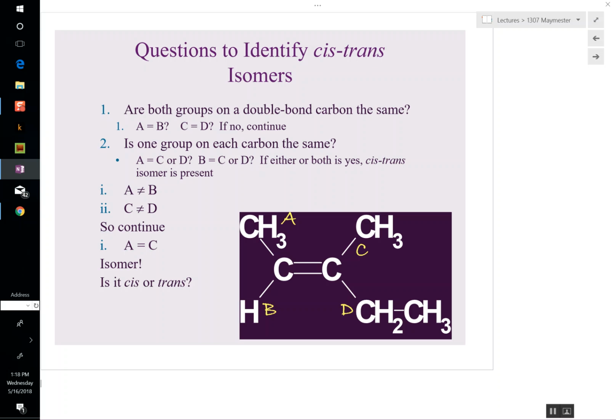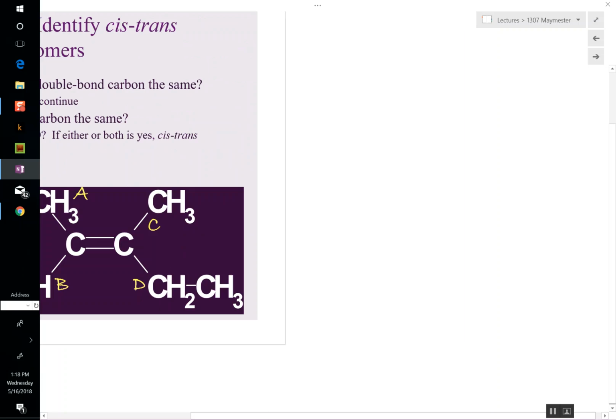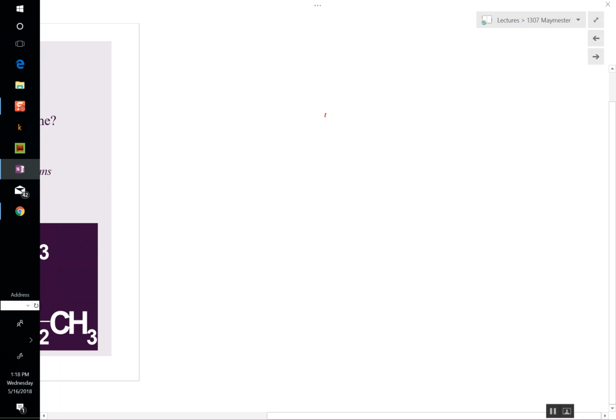Let me just draw another quick molecule here and show you how. Let's say we had, any time you would have this situation, let's start right here. And so we would look at this molecule and we'd say, does that carbon have 2 different things on it?